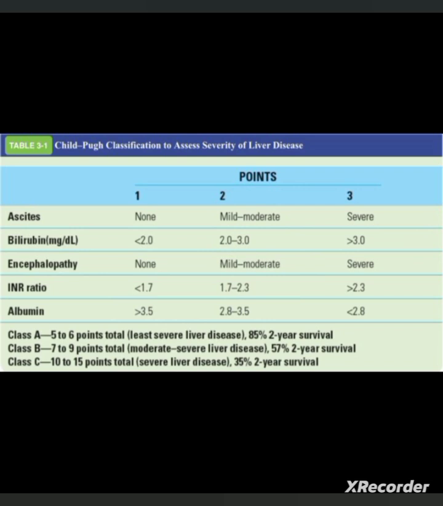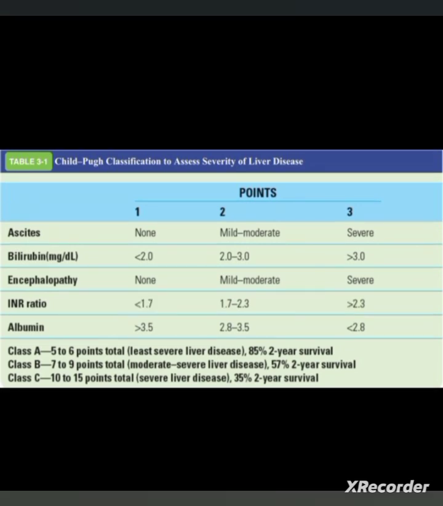Next is class C. Class C gets 10 to 15 points in total, so they have severe liver disease. Their survival rate is only 35%. So that is the Child-Pugh.